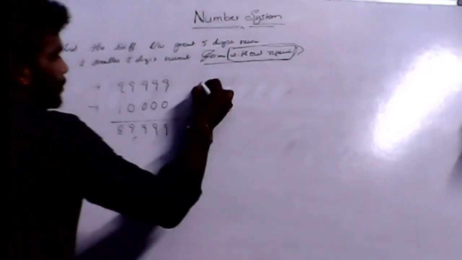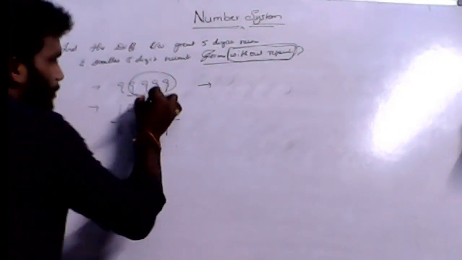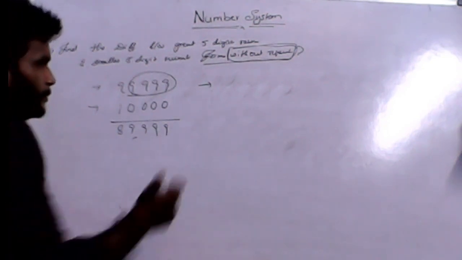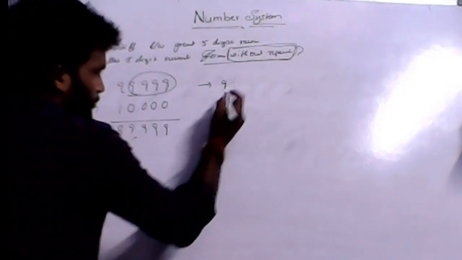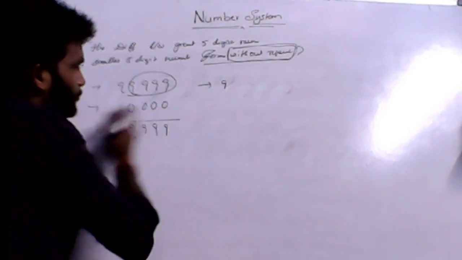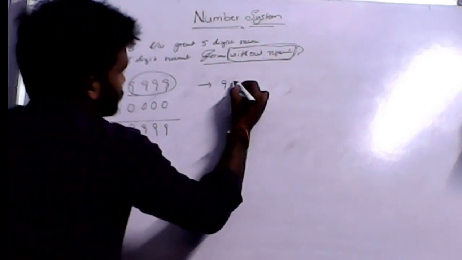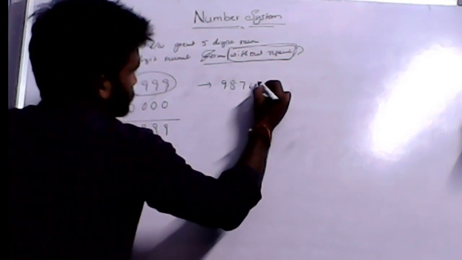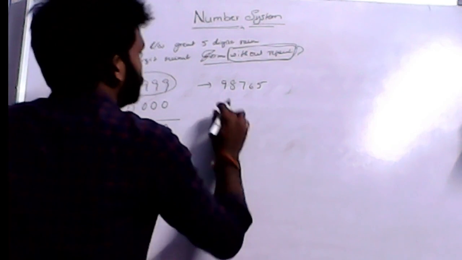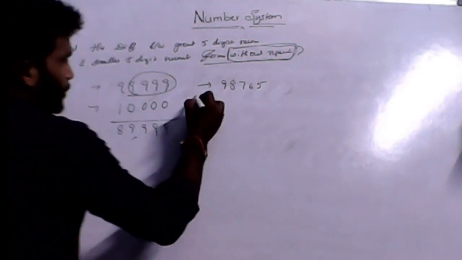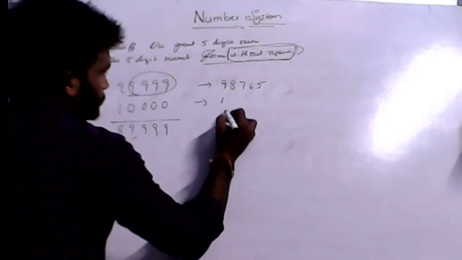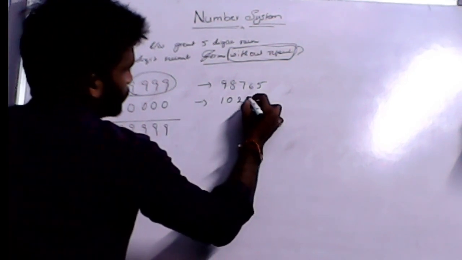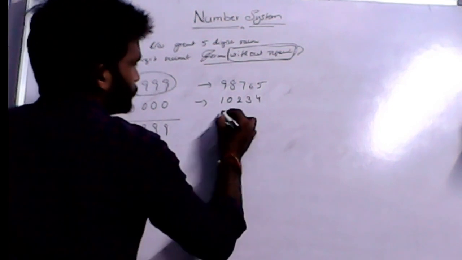So here 9 is repeating, right? Without repeating, the greatest 5-digit number is formed by placing 9, the greatest digit, in the leftmost place, then the second greatest, 8, then 7, then 6, and then 5. And the smallest number is 1, 0, 2, 3, and 4.